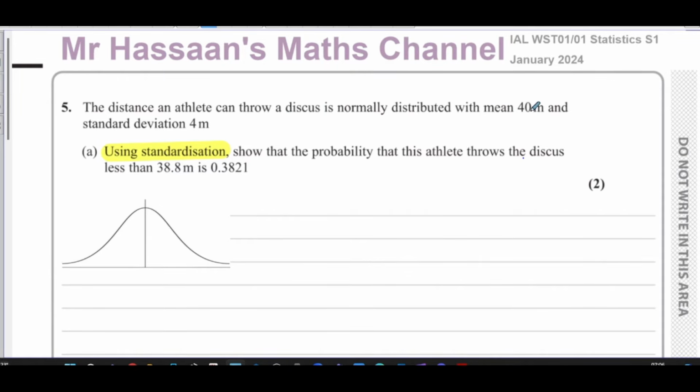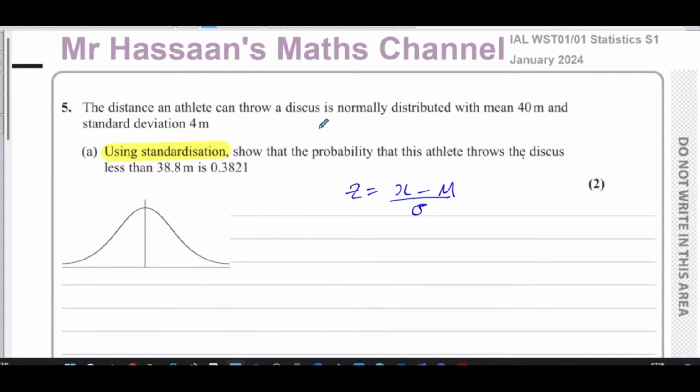Of course, we can see it's going to be below the mean, but we want to find how many standard deviations below. We can do that using the formula of standardization, which is Z equals X minus the mean over the standard deviation. X is the value you're trying to standardize, mu is the mean, and sigma is the standard deviation.